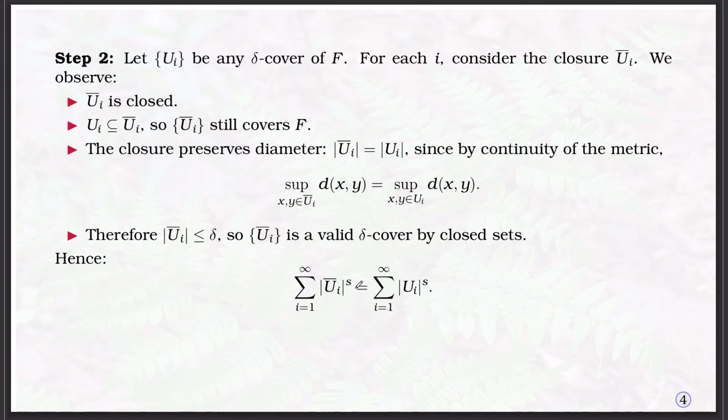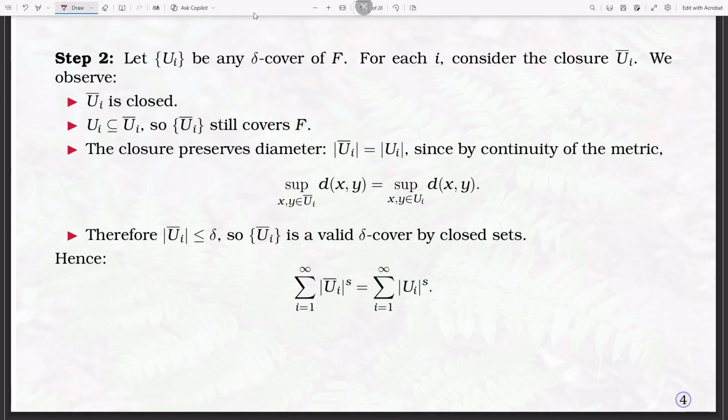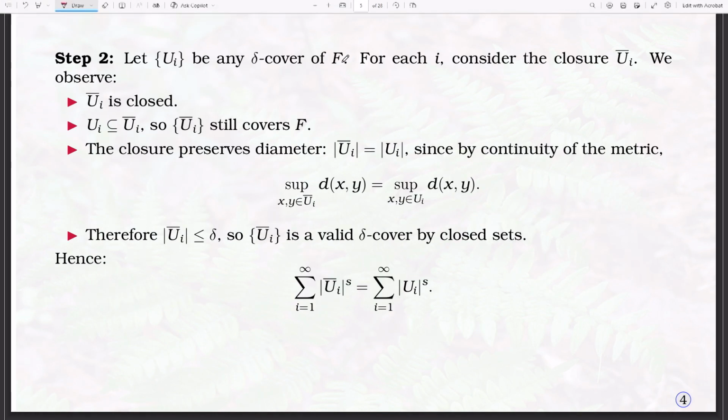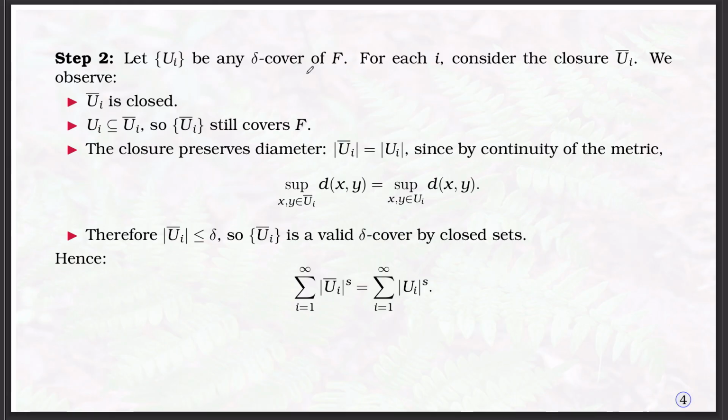For proving that, let ui be any delta cover of F. For each i, consider the closure of ui. We observe that ui bar is closed.